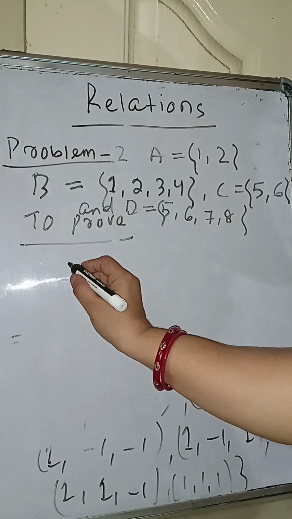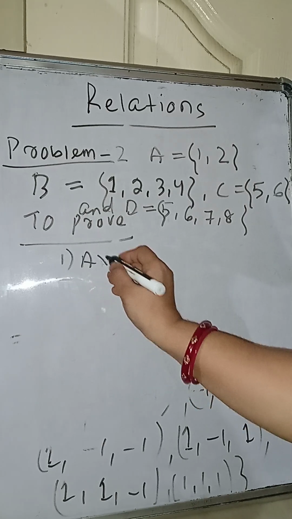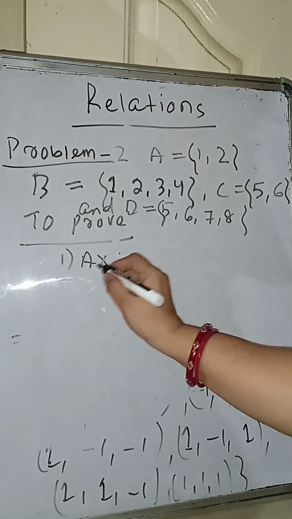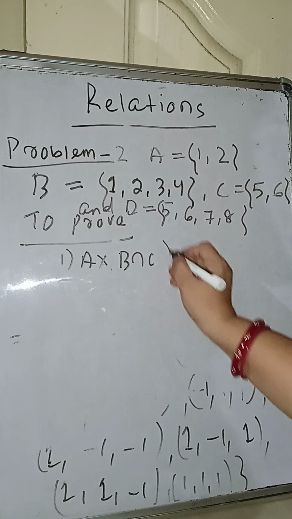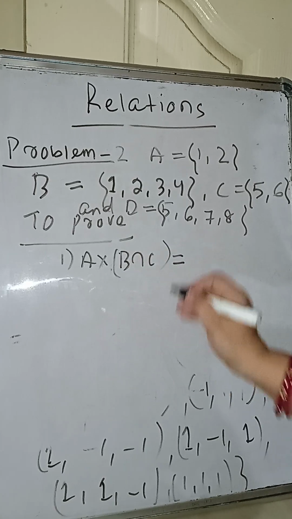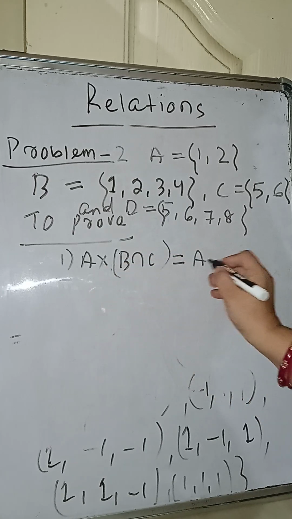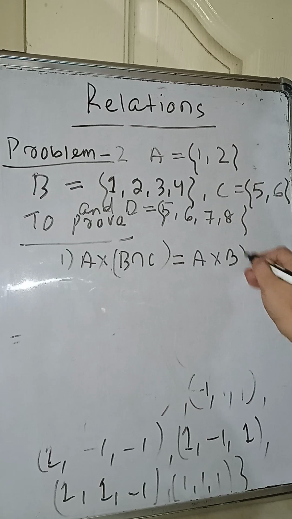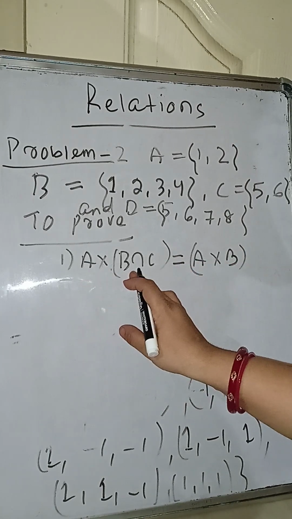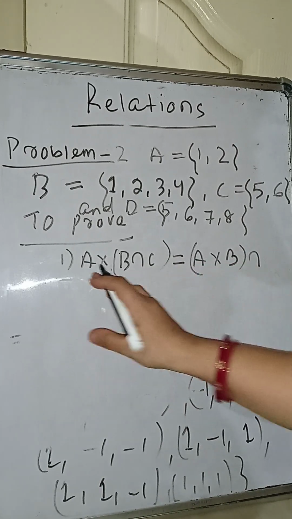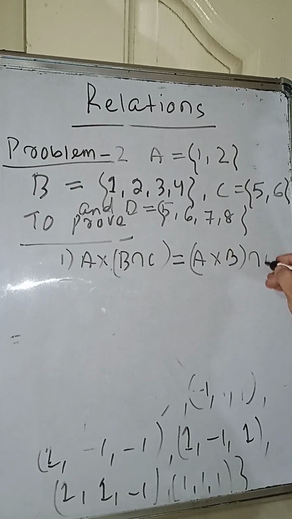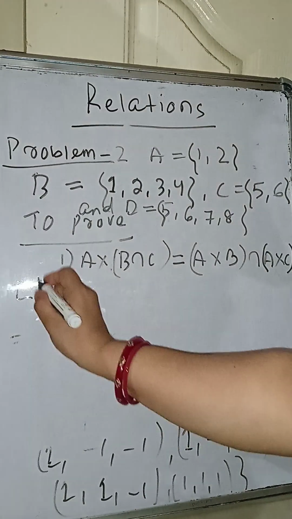So you have to prove first that the Cartesian product of set A with B intersection C is the same as the Cartesian product of A with B, intersection the Cartesian product of A with C. So first start with the LHS.